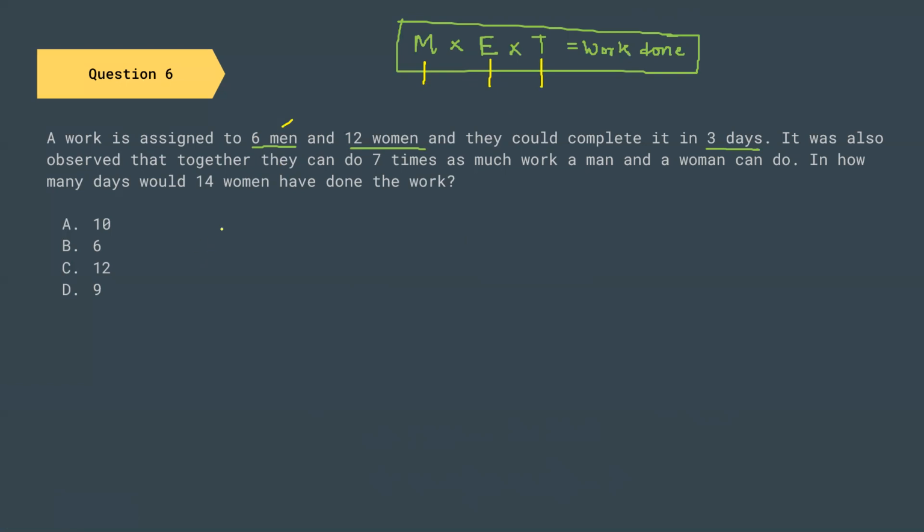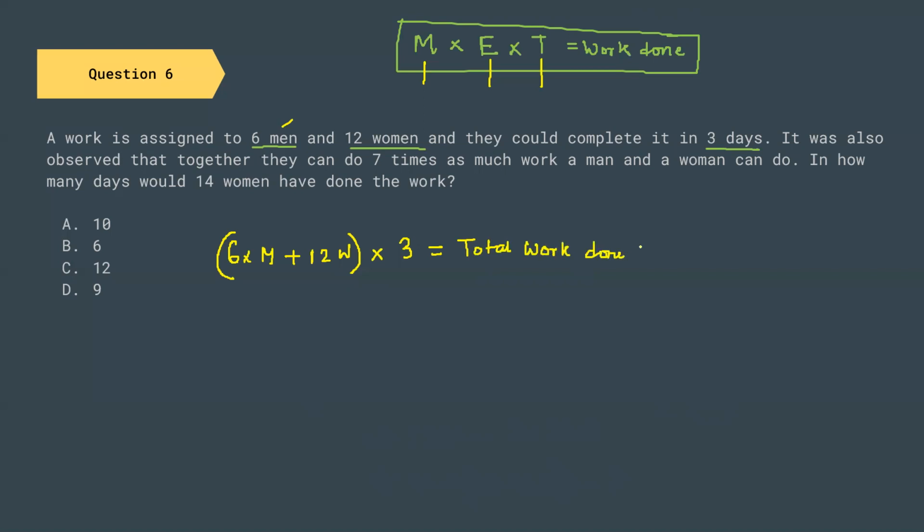We have six men, and let us assume that the efficiency of each man is M. So 6 into M plus 12 into W, where W is the efficiency of each woman. This is the work done in a single day, and to complete this work they have to work for a total of 3 days, and this is your total work done.